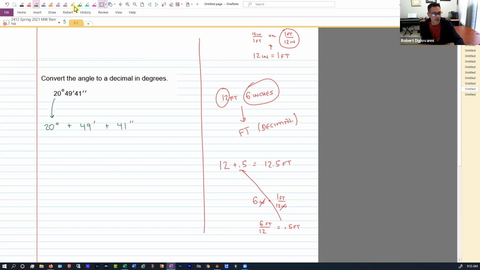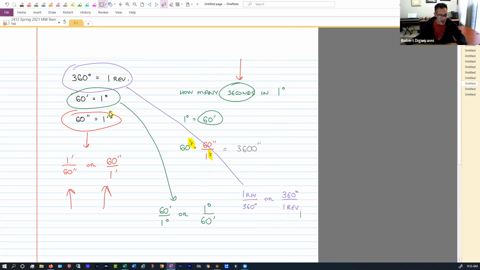If our final answer needs to be in degrees, every one of these needs to be converted to degrees. What I stated in the previous note was that we can use these 2 if we ever want to go from minutes to seconds, and these 2 if we want to go from degrees to minutes.